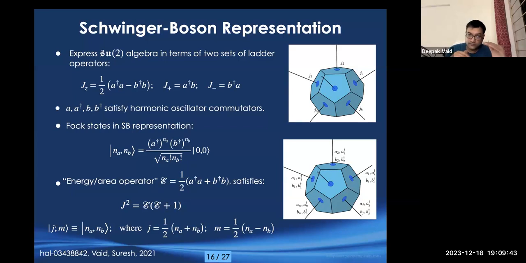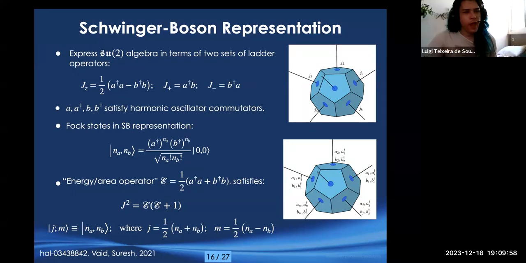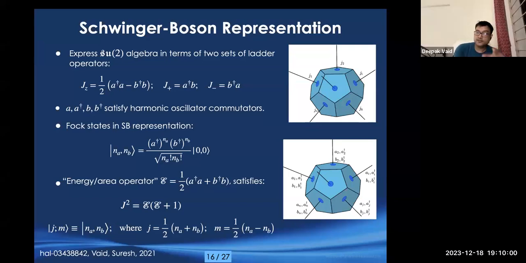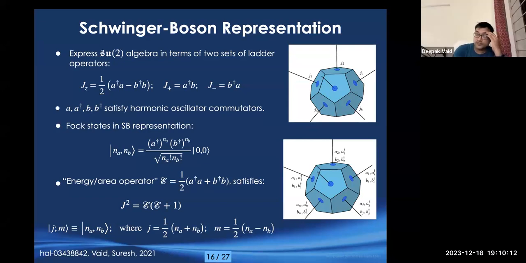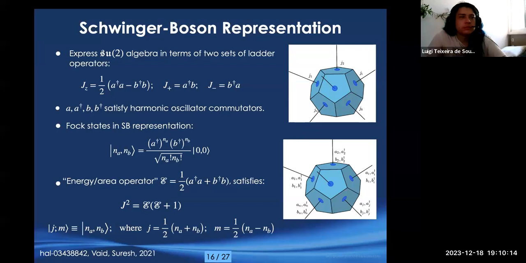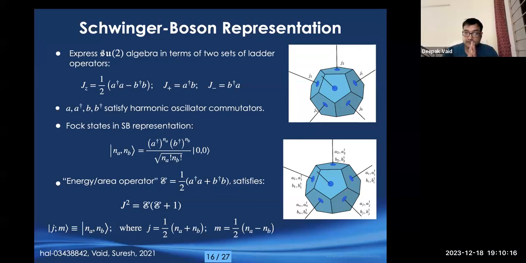So in order for this mapping to make sense, you have to impose some constraints on what the allowed values of NA and NB are. Okay. And so the picture is that the sum of NA and NB is equal to J, and the difference is equal to the magnetic quantum number.